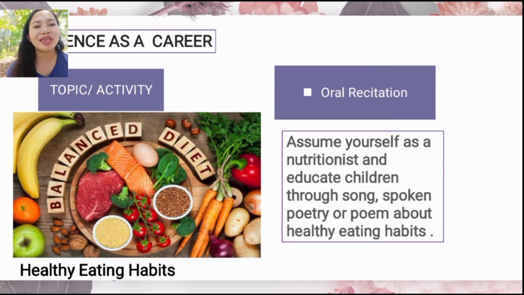In that way, they could also make it entertaining or very catchy, and in their song or composition, they may have unique or overwhelming words that would persuade their classmates to eat something healthy. So this activity is very suitable for this aspect of science, since science is a career.